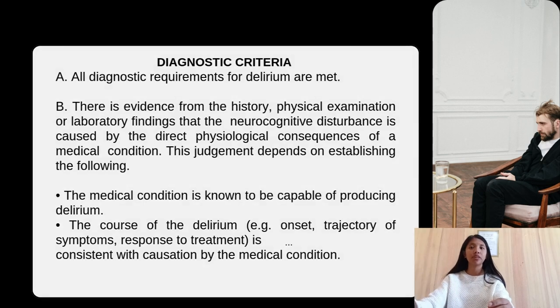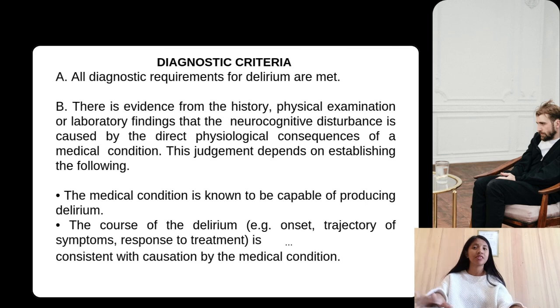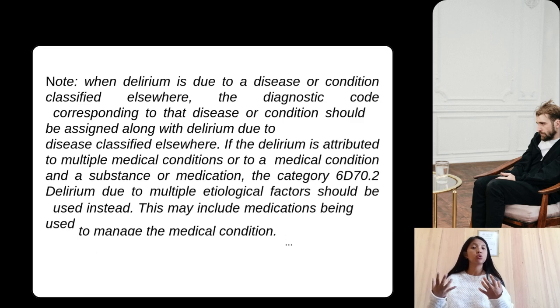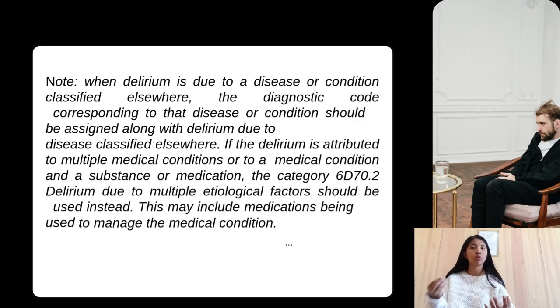So it is proven that yung delirium consistent siya with the effect of the medical condition. Next, we should take note that when delirium is due to a disease or condition classified elsewhere, the diagnostic code corresponding to that disease or condition should be assigned along with delirium due to disease classified elsewhere.